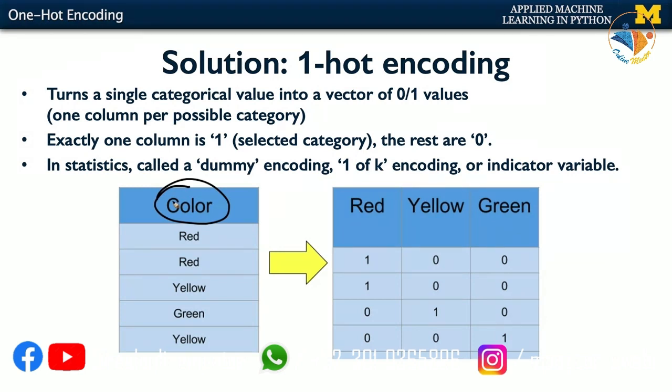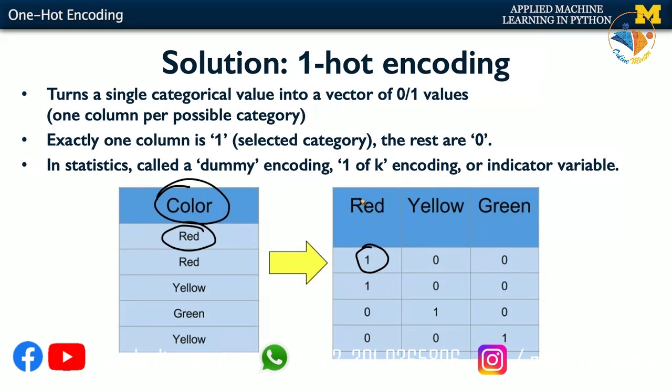So in this example, I've pretended that there are only 3 possible color values, red, yellow, and green. So to get the one-hot encoding of the value red, we simply go through all the possible categories and we store 1 in the column that represents red and 0 for all the other categories.